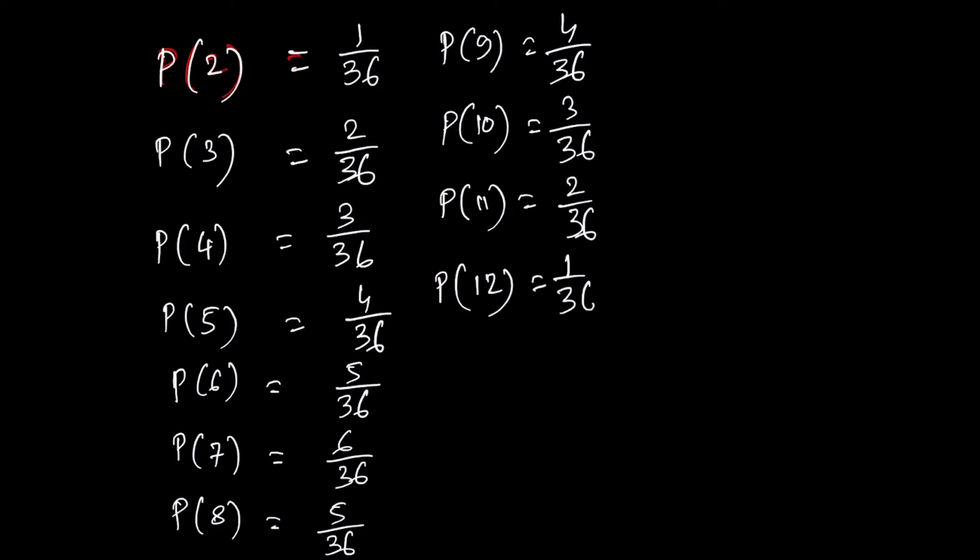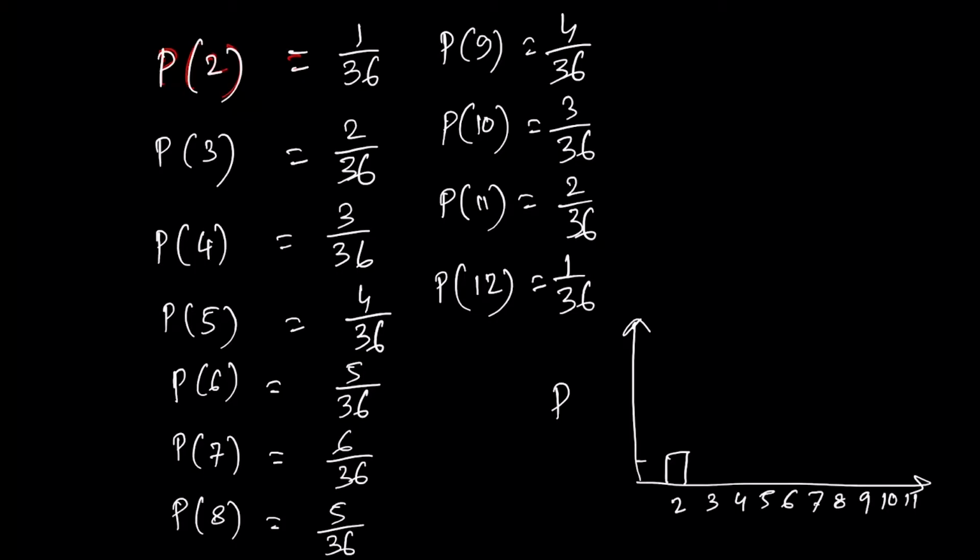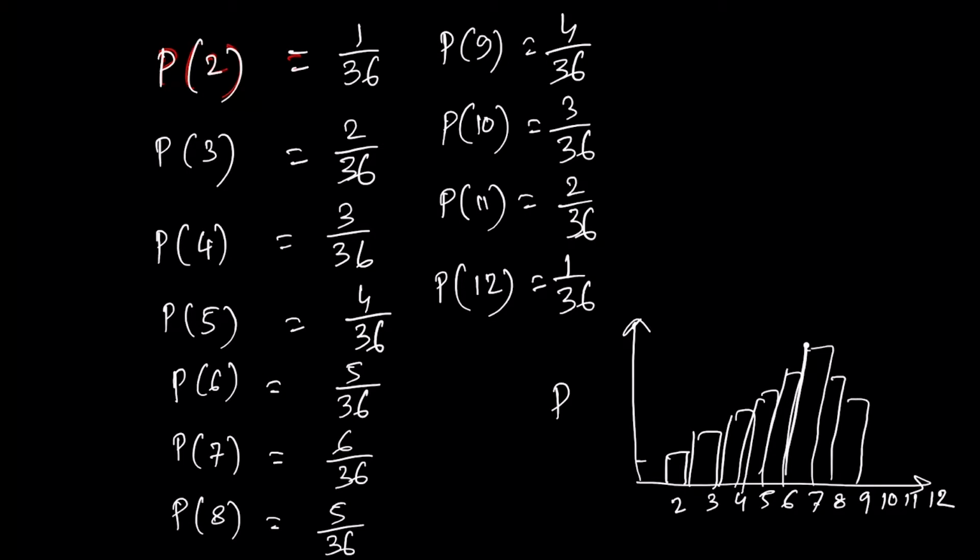So, now if I plot that probability, approximately, I get 2, 3, 4, 5, 6, 7, 8, 9, 10, 11, 12. So, the peak will be maximum for 7.